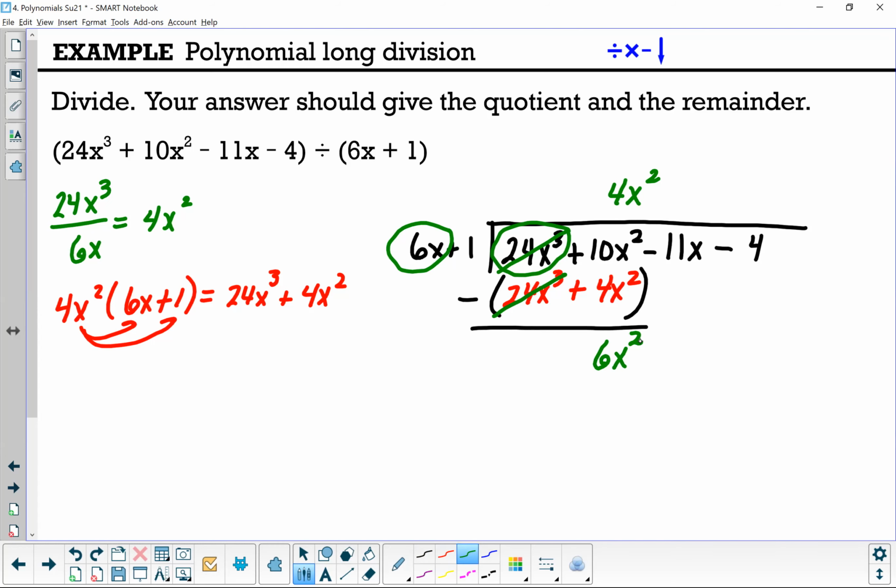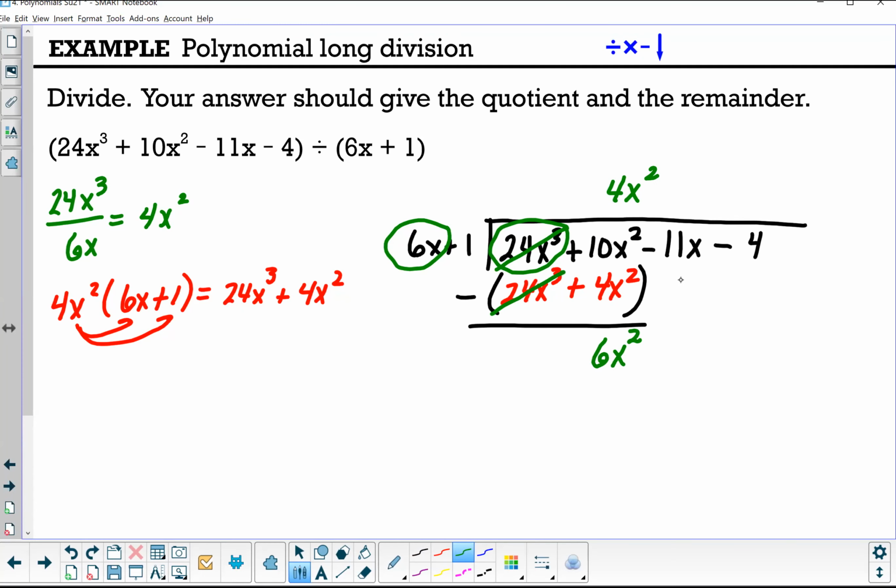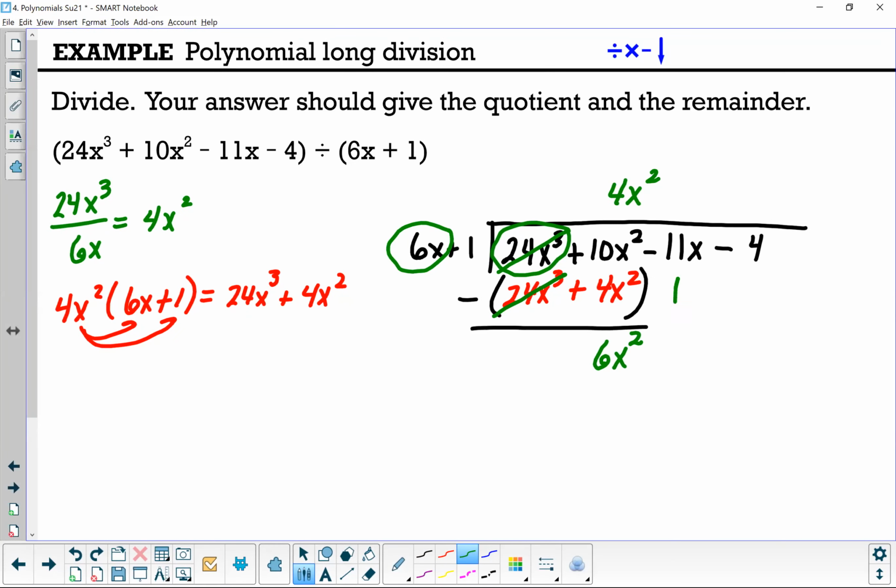Now, bring it on down and bring it on back. So, bring down minus 11x, and I'll bring down the minus 4. Okay, so now we have to start from the beginning.